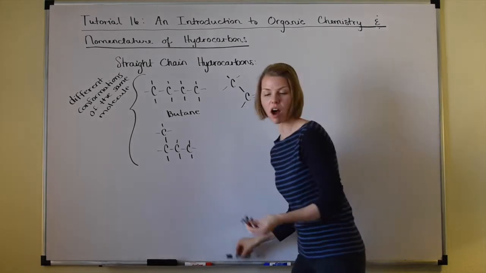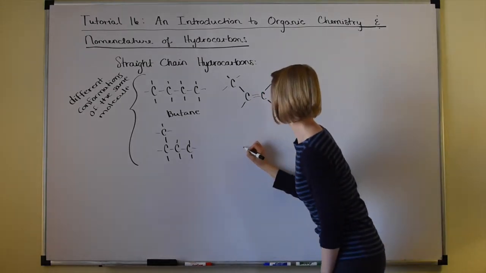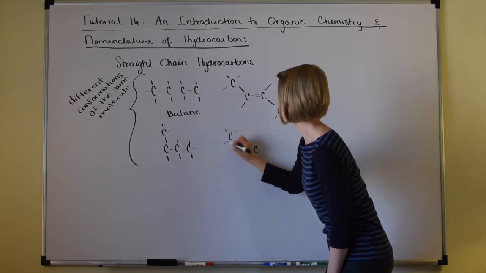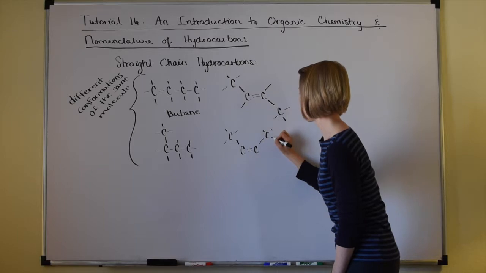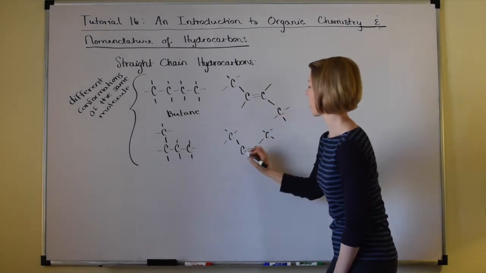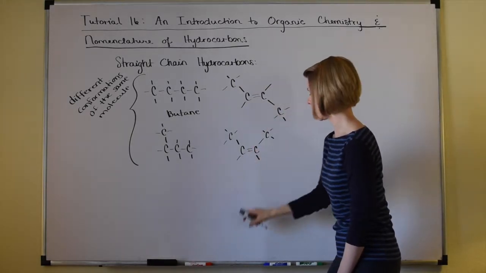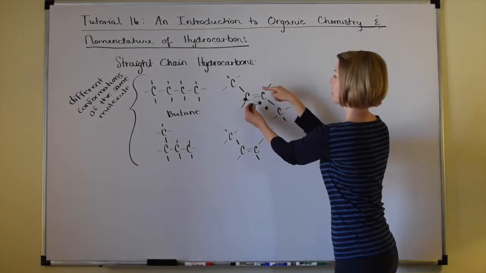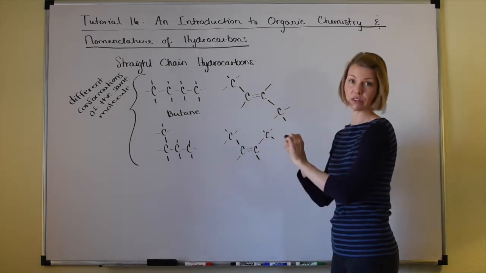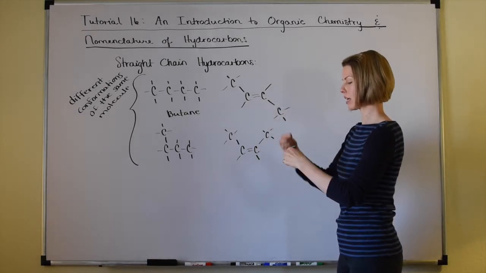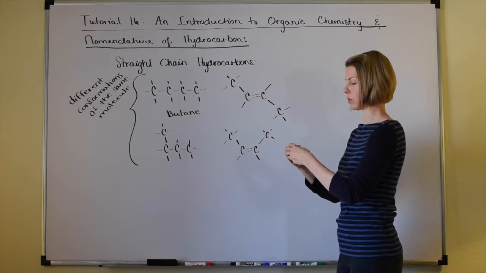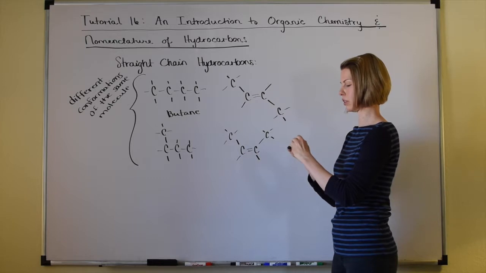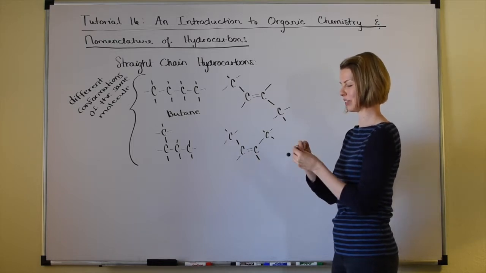So let me redraw here 2-butene where the CH3s are both pointing up and the 2 hydrogens are both pointing down. In order to go from this configuration to that configuration, we have to break the double bond and reform the double bond, which is a little harder to do with these models than I wish it were.